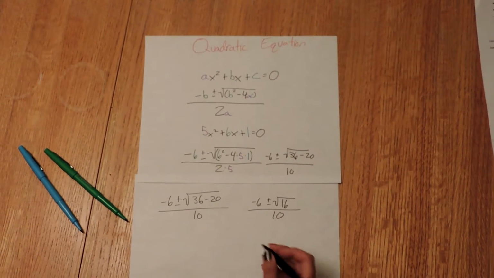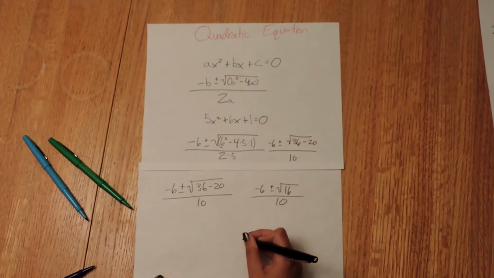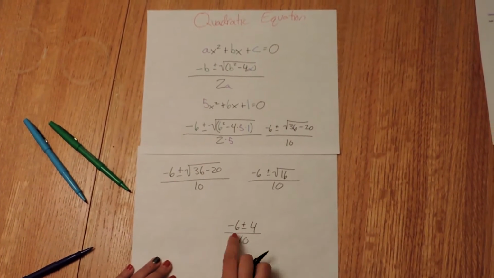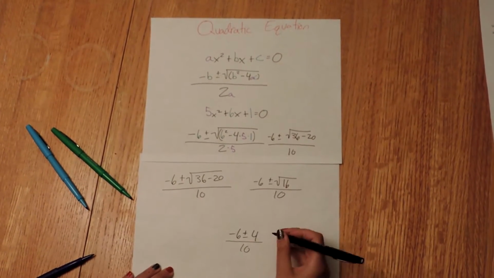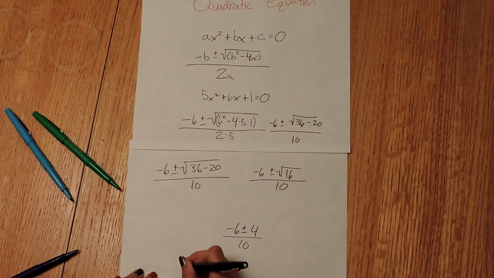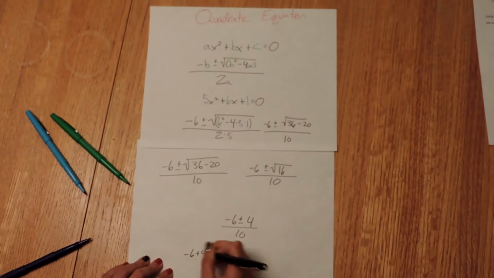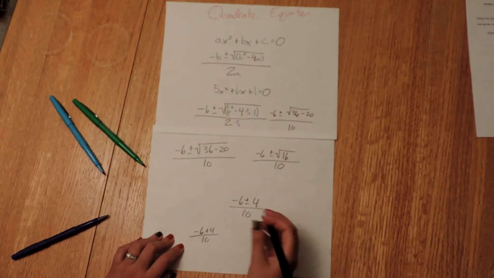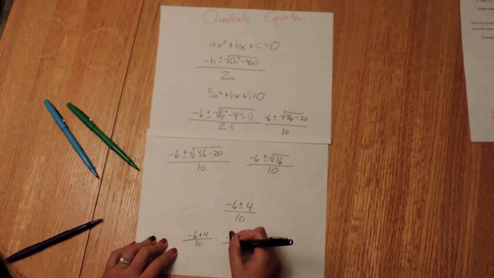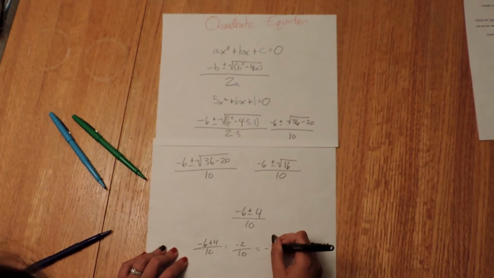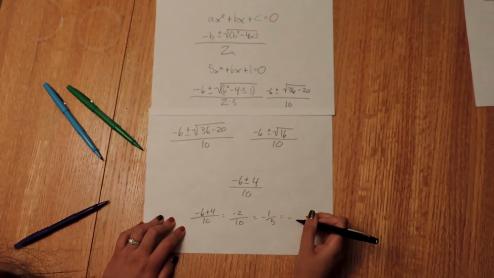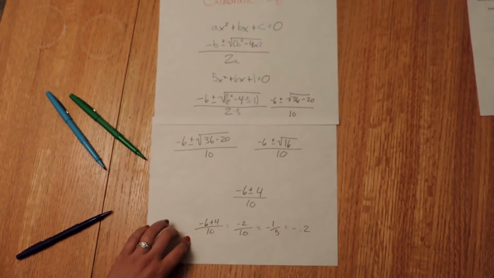So the square root of 16 is 4. So we have negative 6 plus or minus 4 over 10. So first let's do negative 6 plus 4. Negative 6 plus 4 over 10. Well, negative 6 plus 4 equals negative 2 over 10, which equals negative 1/5, or negative 0.2.